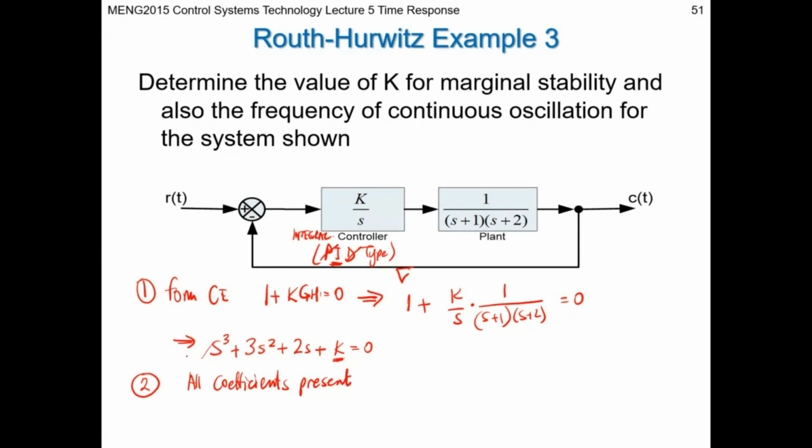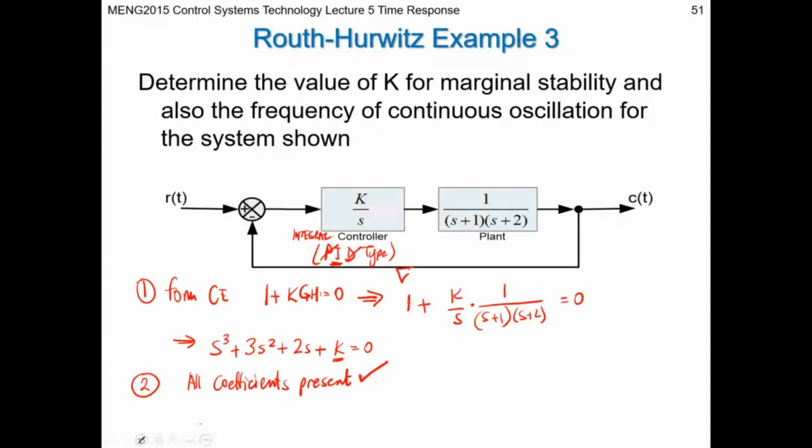Well, we have a value for s cubed, s squared, s, and k. K could actually be absent, it doesn't matter too much, but for the other terms, we've got a coefficient for each term in s from cubed onwards. So we can say yes.